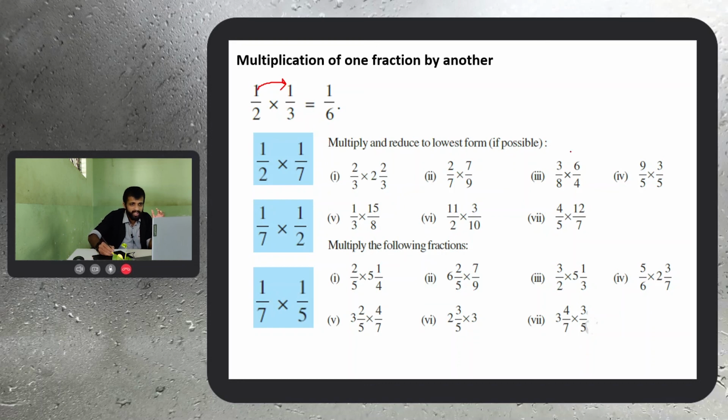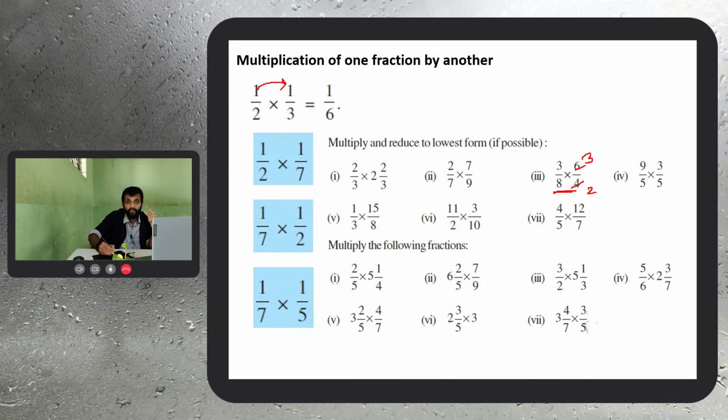Now take a look at this problem over here. 3 multiplied by 6 and 8 multiplied by 4. There are times when even before you multiply, you can cancel some numbers. How do we cancel? Imagine this. Think of a number. In this case I'm thinking of 2. 2 times is 4, and 3 times is 6.